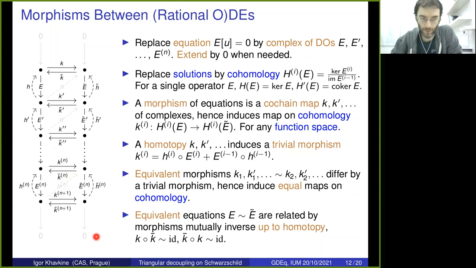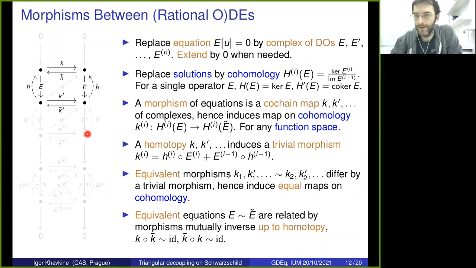But if you go to the case where the complex is just of length 1, with just one operator without any Noether identities, then an equivalence is summarized by a diagram of this form, and the composition of K with K tilde being inverse up to homotopy becomes equivalent to the composition of the K and K bar operators being inverse to each other on solutions.